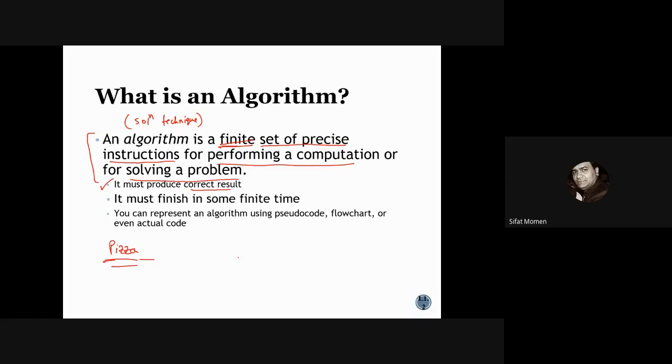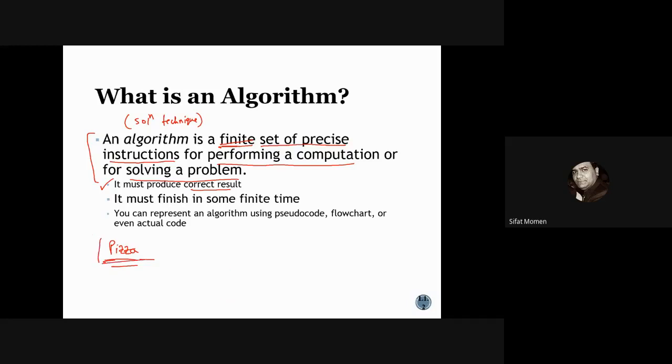Anybody? Ingredients. Well, yes, it names the ingredients. So ingredients are like the inputs, right, Nakina? And it also contains the set of instructions, right? Am I correct, Nakina? Yes? Sir, the procedures.